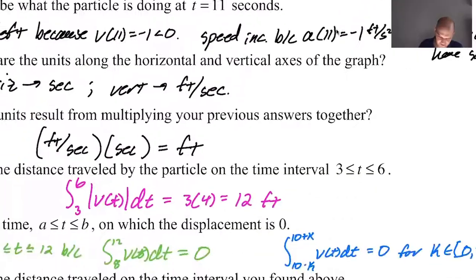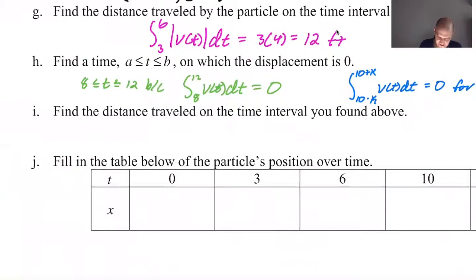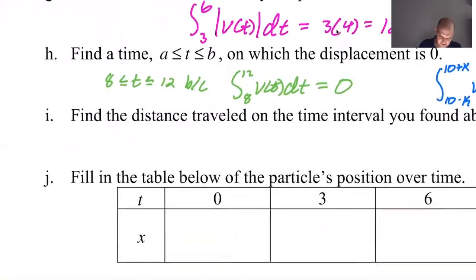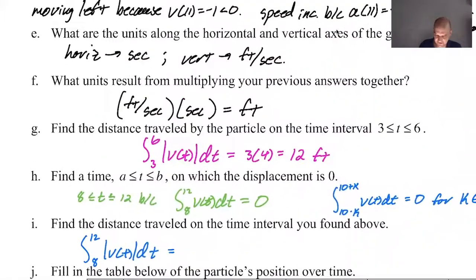That's extra. You don't need that, but find the distance traveled on the time interval you found above. So we're definitely going to do this one. That's going to be the integral from 8 to 12 of the absolute value of v of t dt. You have a lot of options there.